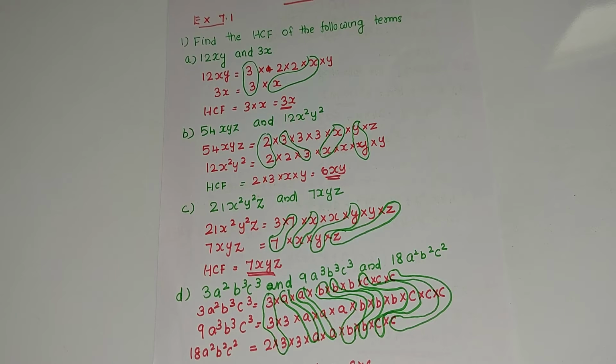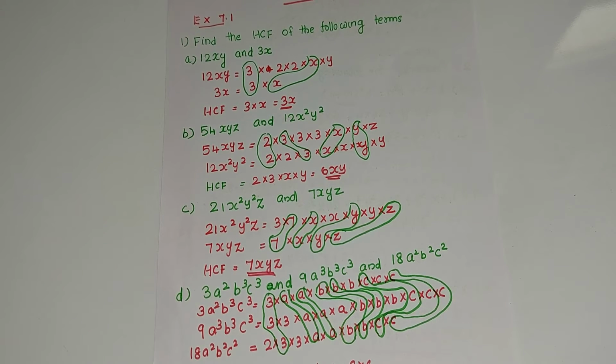Now D, 3a square b cube c cube and 9a cube b cube c cube and 18a square b square c square. Here also you write each term as the product of its factors. So 3a square b cube c cube can be written as 3 into a into a into b into b into b into c into c into c. Now 9a cube b cube c cube you can write as 3 into 3 into a into a into a into b into b into b into c into c into c.